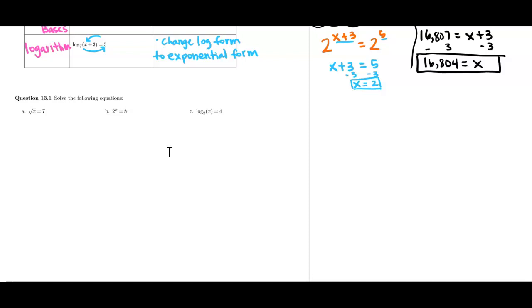Okay, when you have an answer for those three, will you click on your hand raise button so I can see where you guys are at?